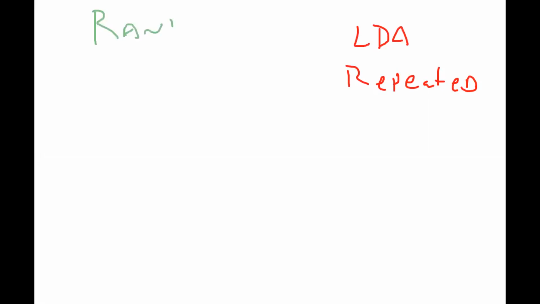You could look at it in terms of an LDA analysis, which in SAS would use the repeated line. Or you could actually even think of this as a random effects model.